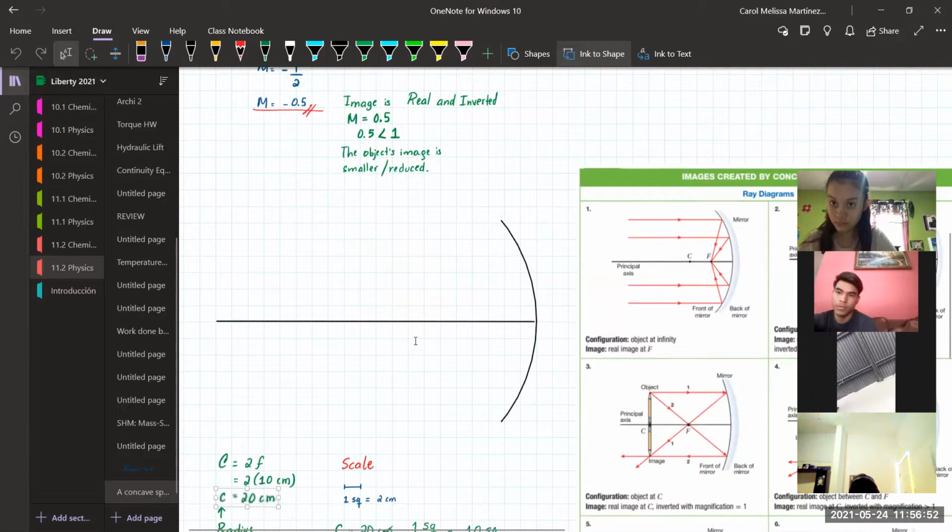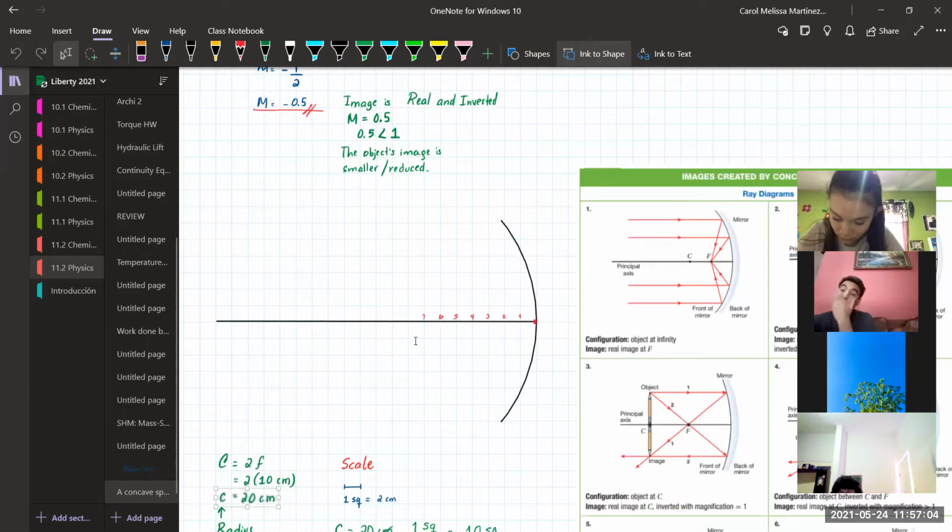Your mirror is located here in this point, okay? So this is your first box, second, third, fourth, fifth, sixth, seventh, eighth, ninth, 10th. In this point is where the point C is going to be located. Remember, C is the center of curvature.